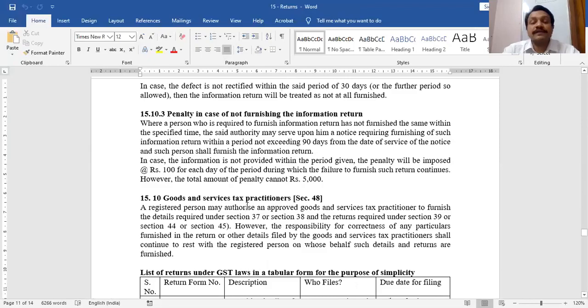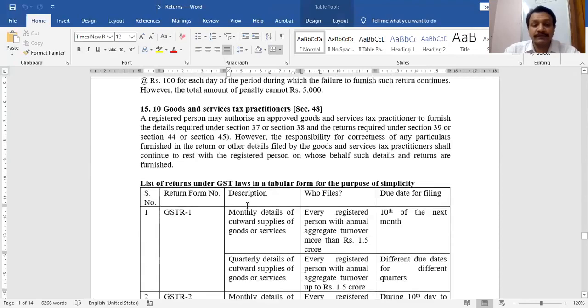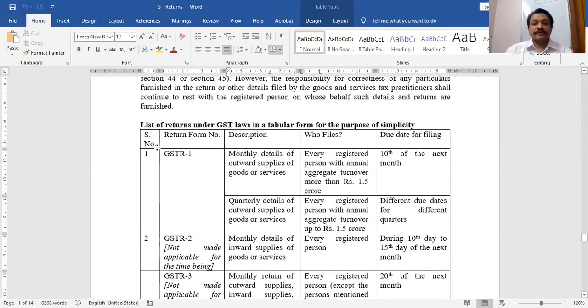Rather than first discussing the detail with you, let me show you a simplified table which will help you in understanding this topic, returns. Now this is the table. This table is a combination of all these sections of returns. I have merged all the sections of returns in this table so that you can understand the concept of return.